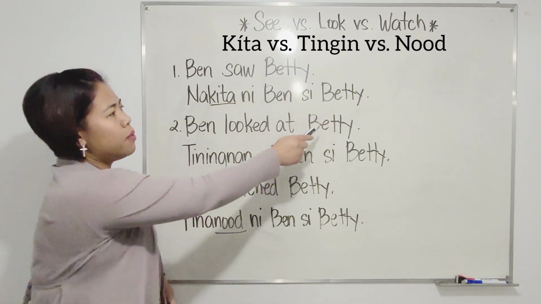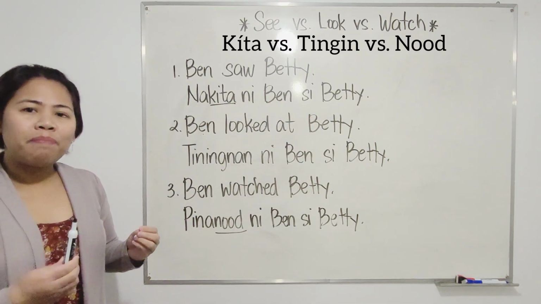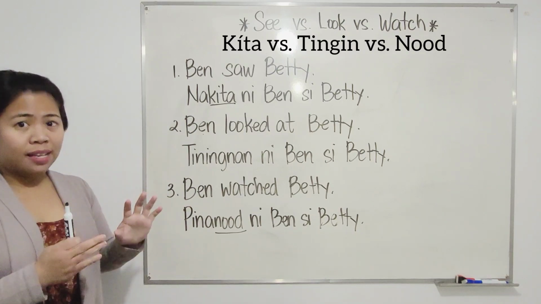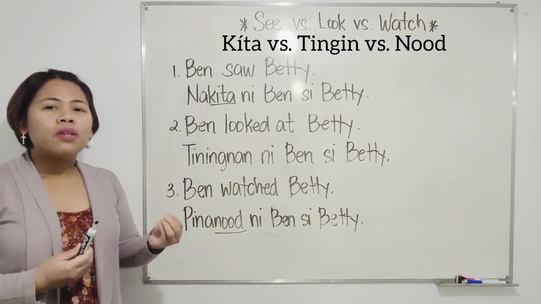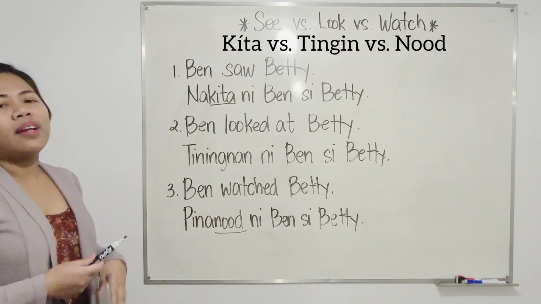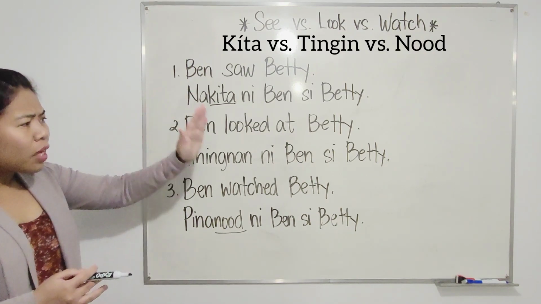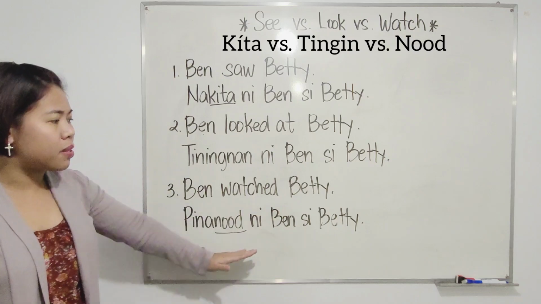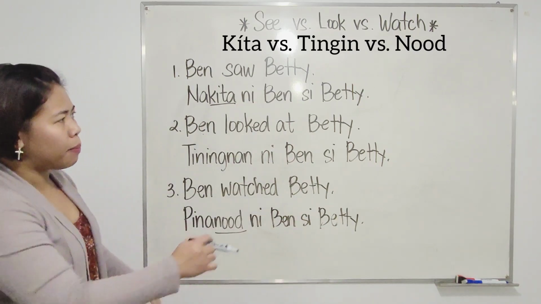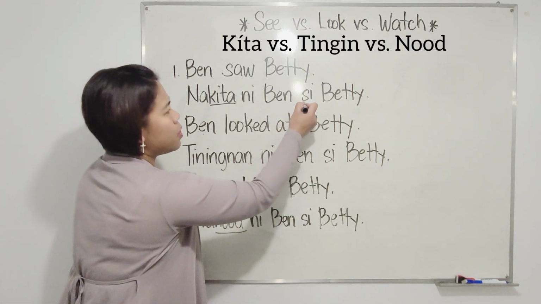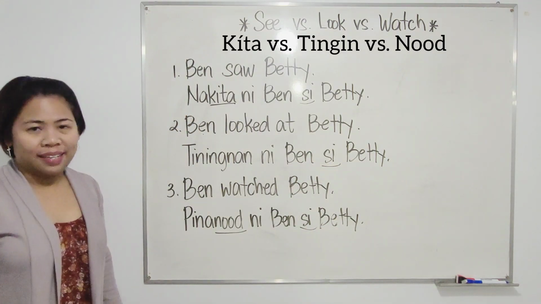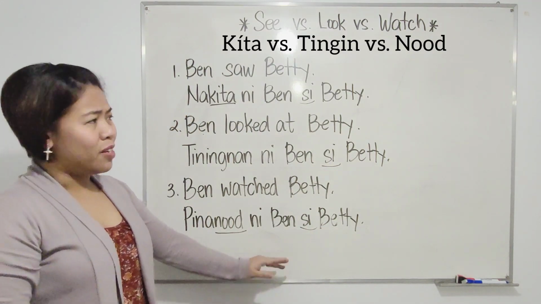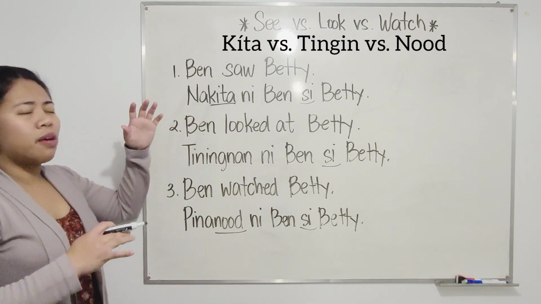Most of the time, the object can be the subject as well because it is the focus of the sentence. What will be your clue so that you would know which one is the focus? Usually, if there are names of people like Betty, we always use this personal topic marker si. You don't have this in English because in English it's fixed.